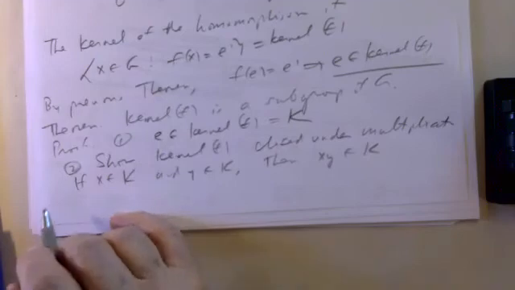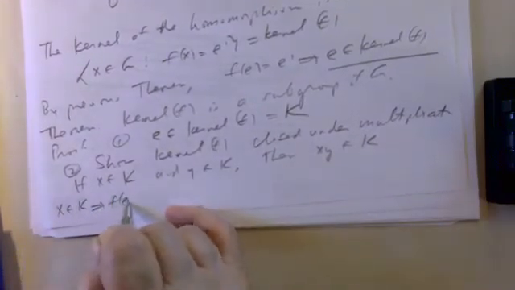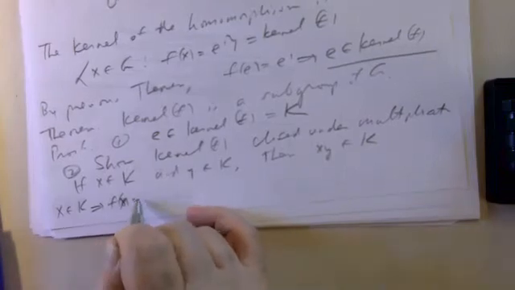But the proof is really easy. So if x is in K, that means f of x, let me do it on another piece of paper so I have more room.